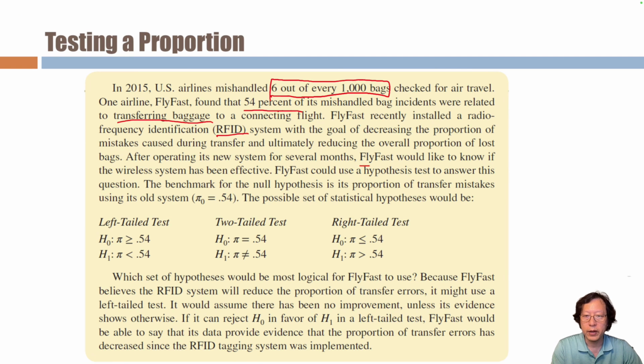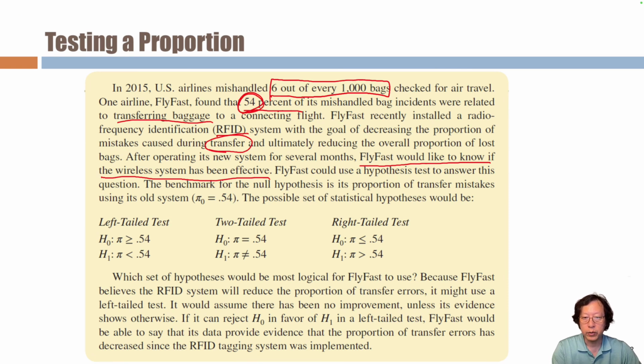So FlyFast would like to know if the wireless system has been effective. So after we use RFID, did we actually reduce the mishandling proportion or not? This is only targeting the transfers. So can we reduce this 34%?